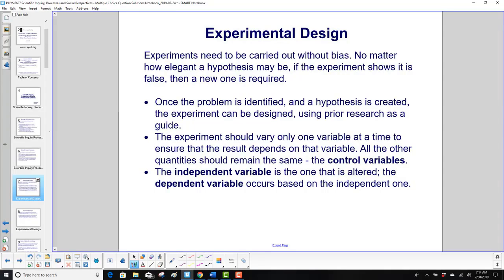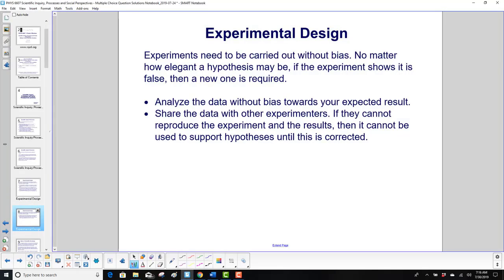The experiment should vary only one variable at a time to ensure that the result depends on that one variable. All the other quantities should remain the same. The control variables, they don't change. The independent variable is the one that is altered. The dependent variable occurs based on the independent one.